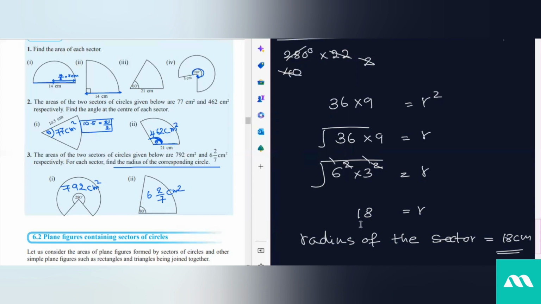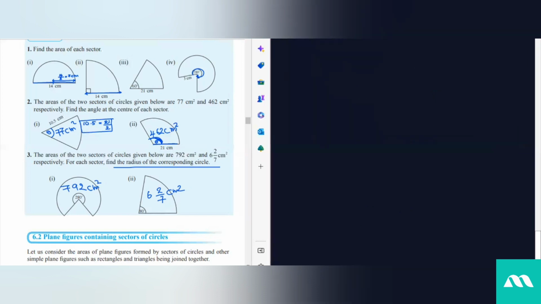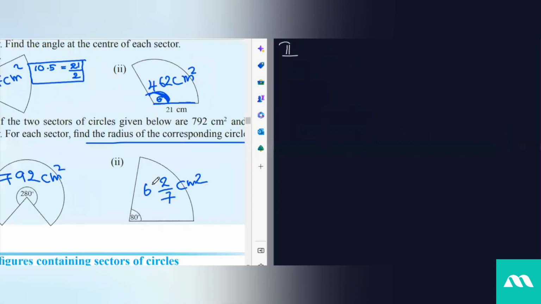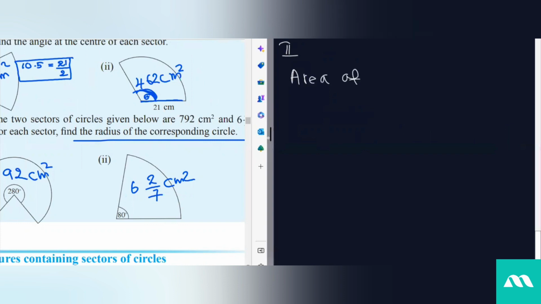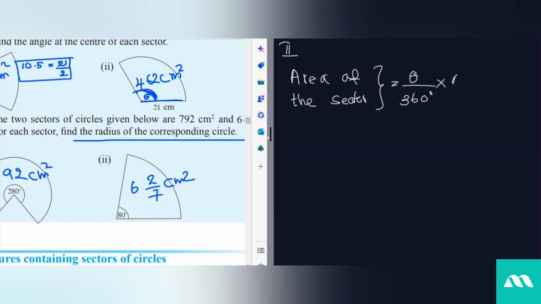Let's move to the second one. Here in the beginning you are given a mixed number. Always remember that when you are given a mixed number in the beginning of a question, don't be afraid of this. You convert it into an improper fraction. First of all, area of the sector is equal to theta upon 360 times pi r square.